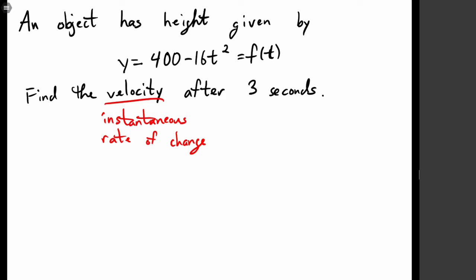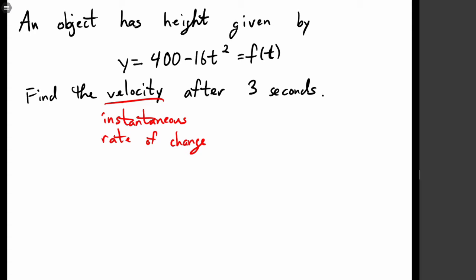If we have a cost function, for example, then it's the marginal cost. Right? There's many different interpretations of it. Right? But the main theme across it is, how is our function changing at this specific instant in time?